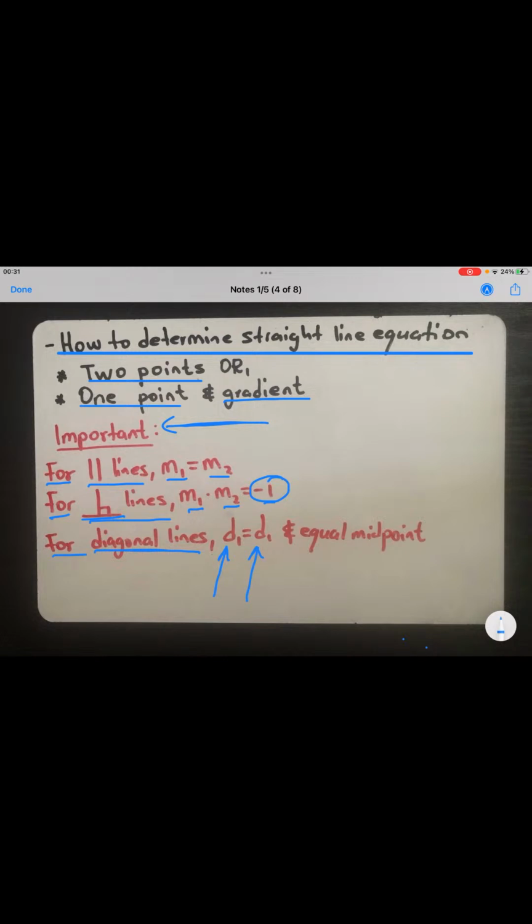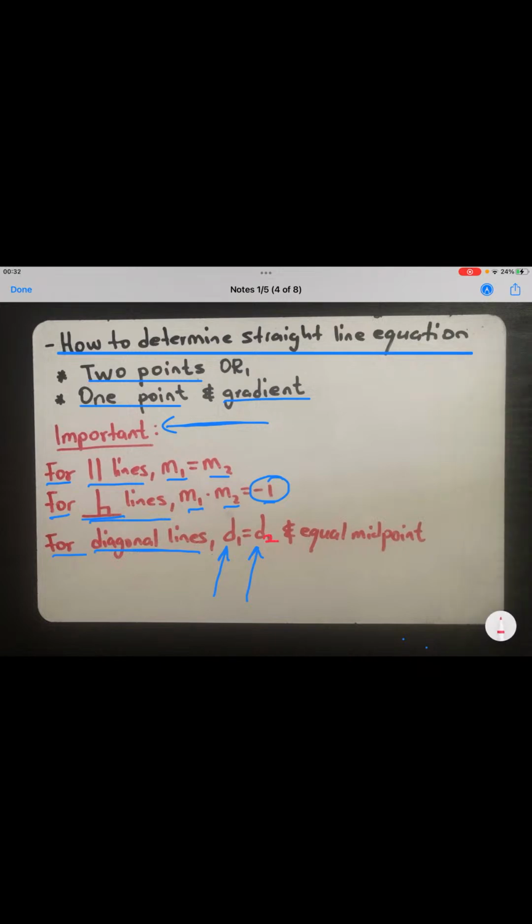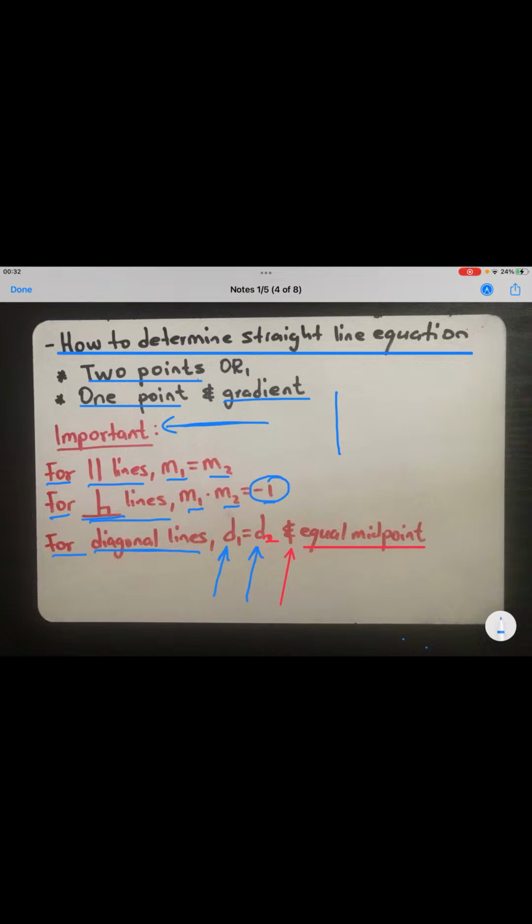Let me quickly update it there. Yes. And also, honorable members, secondly, you need to remember that they've got an equal midpoint. Maybe let me do a sketch there and say, if maybe we are having that.